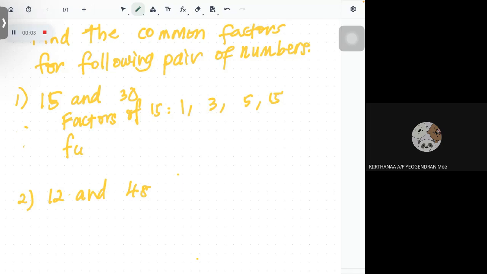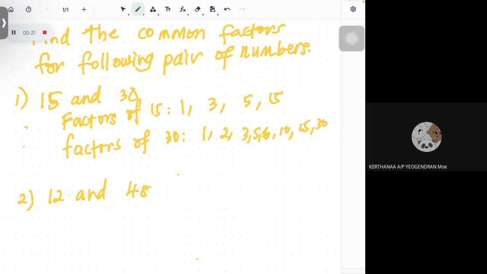Factors of 30: 1, 30. Oh, not enough space. 2, 15, 3, 10, and then 5, 6.